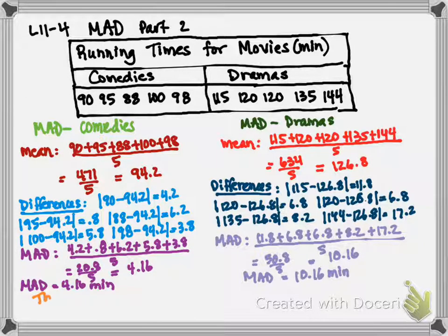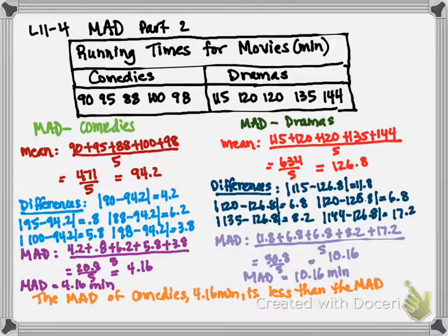The mean absolute deviation of comedies, which is 4.16 minutes, is less than the mean absolute deviation of dramas, which is 10.16 minutes.